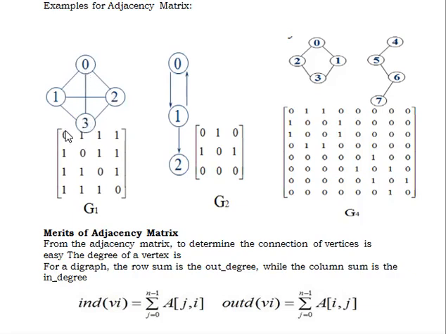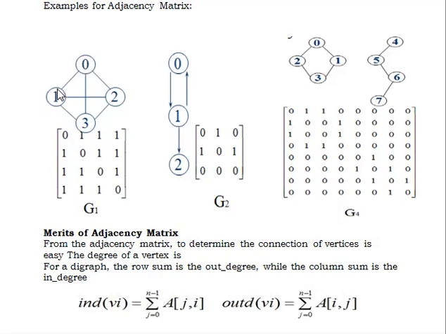So for the array matrix, with four vertices, we write 0, 1, 2, 3 column-wise, and 0, 1, 2, 3 row-wise. Imagine that from the first vertex 0, it travels to visit vertex 1.